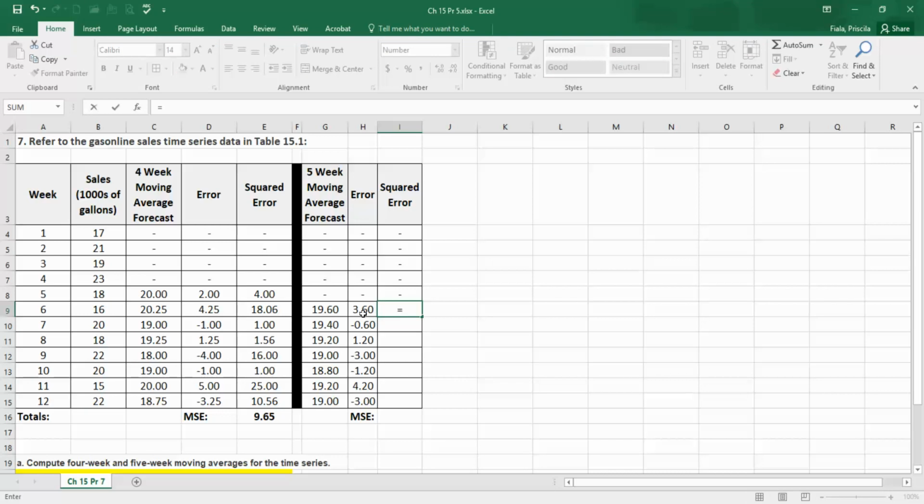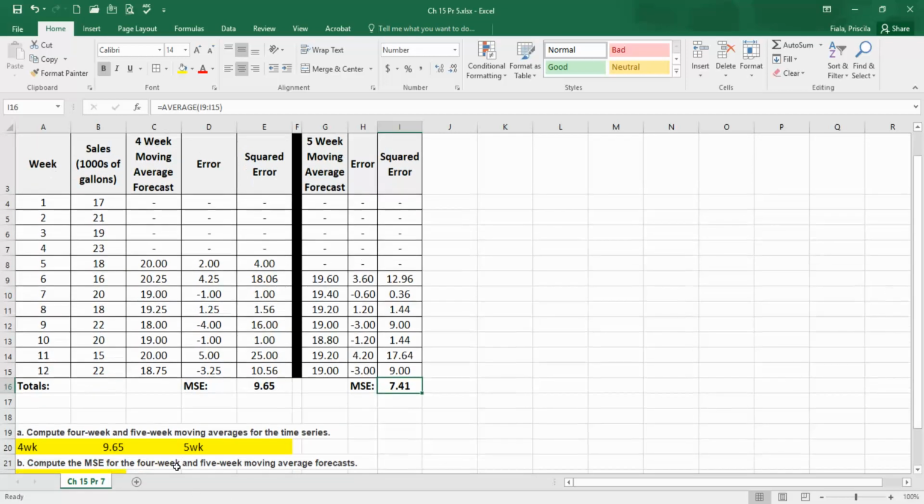So we're gonna square this error, so we can calculate the mean square error, therefore the average of these values, which is 7.41.